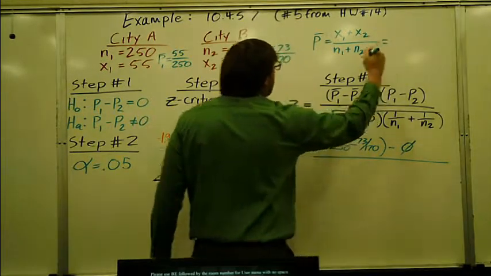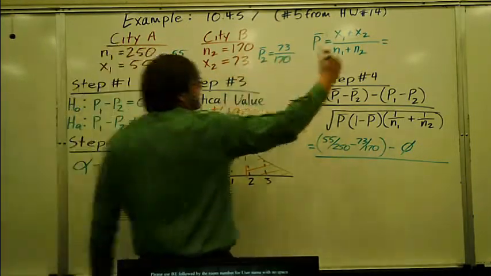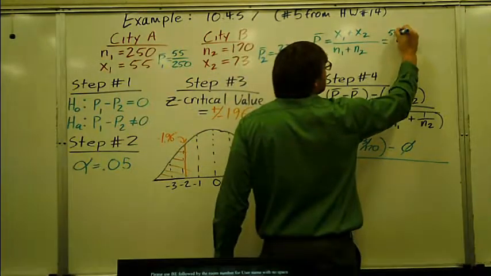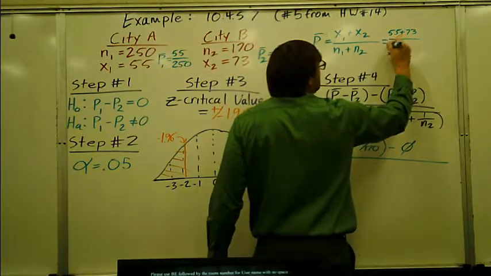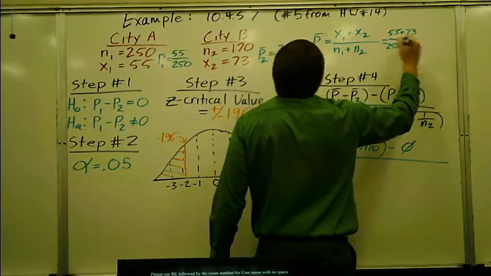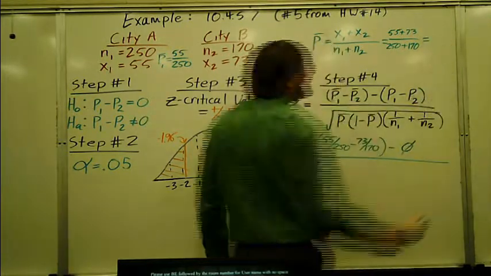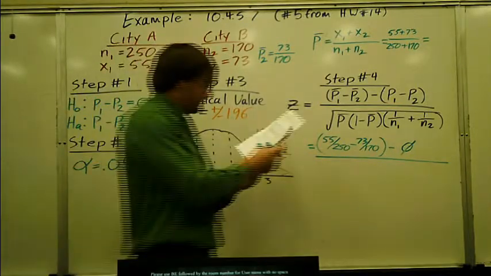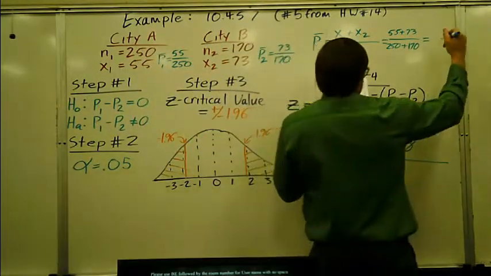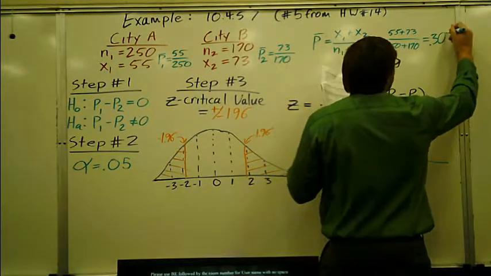Plug in our values, and we would have 55 plus 73 divided by 250 plus 170. So we end up getting an overall sample proportion of 0.3048.